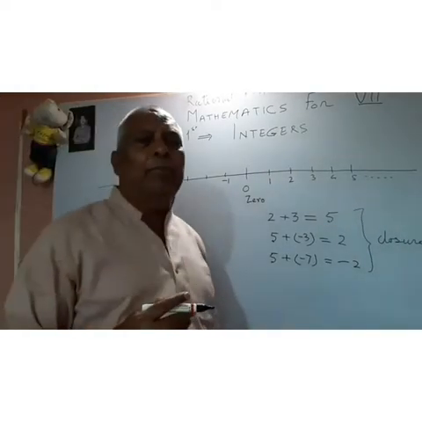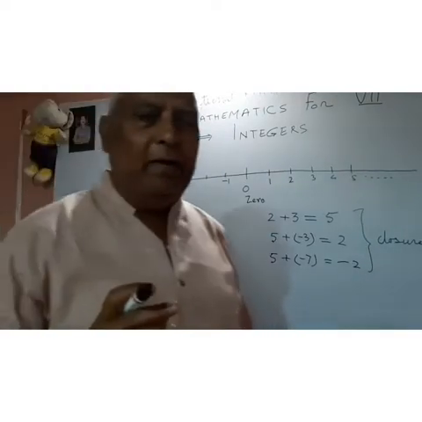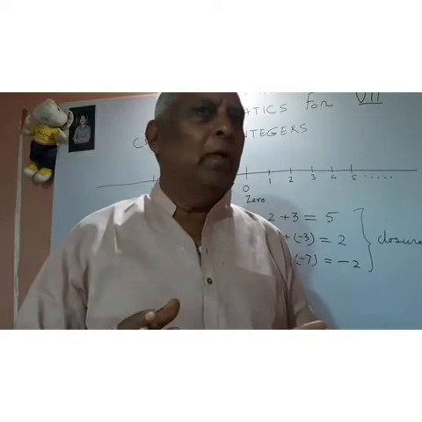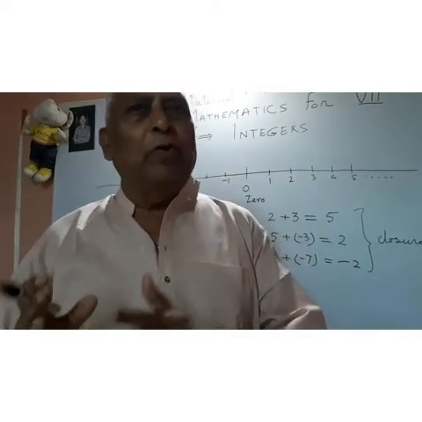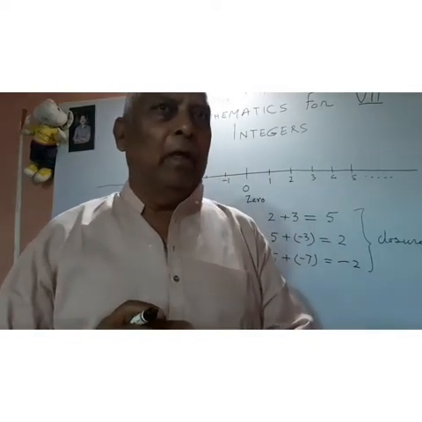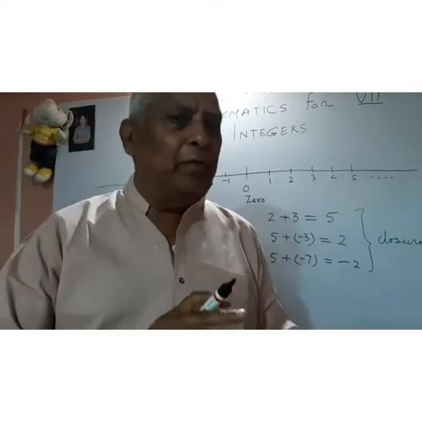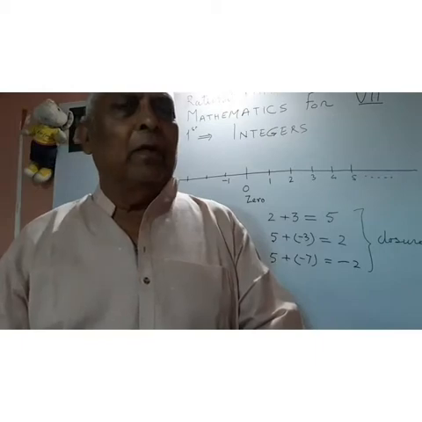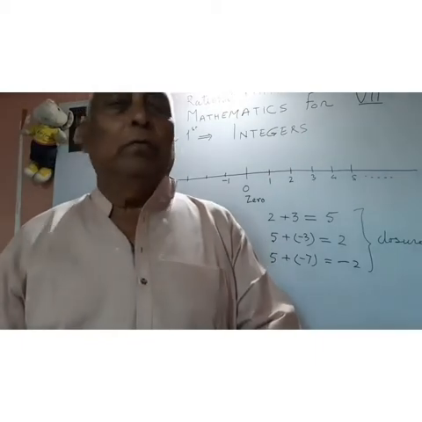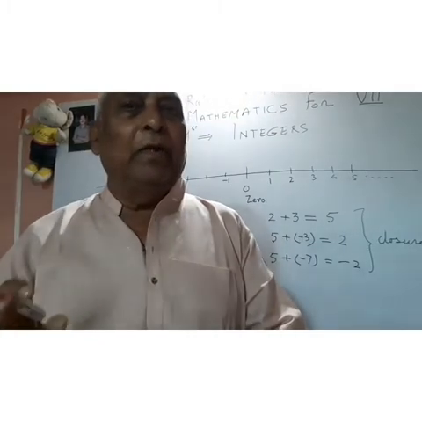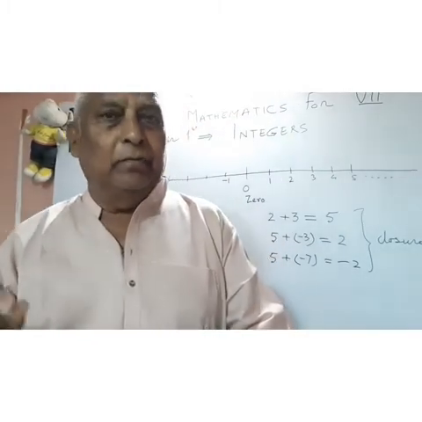If we add two integers, both positive, the sum will be positive integer. And if we add two integers, one positive, one negative, then it is not sure that the addition of the two will give you positive or negative.